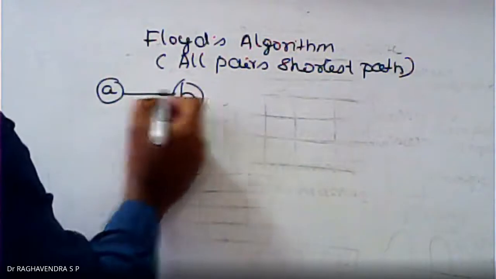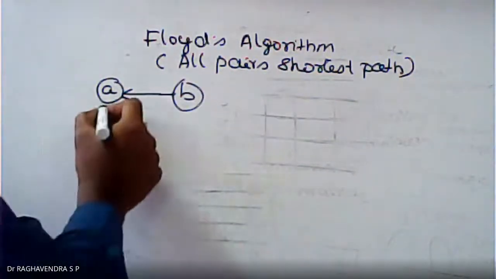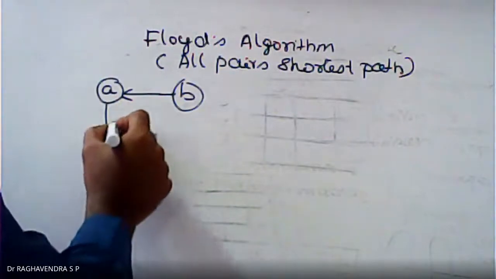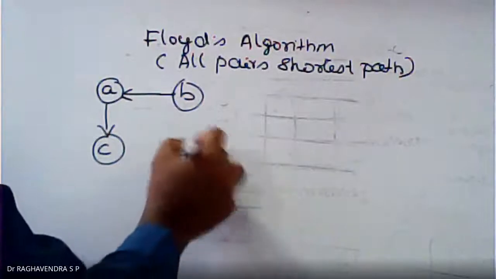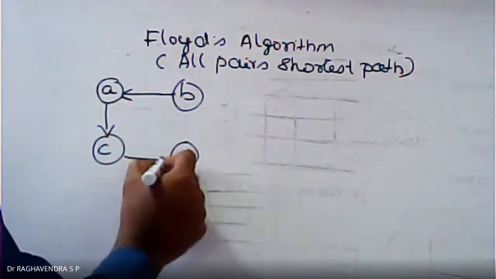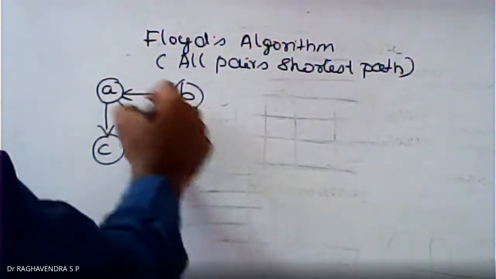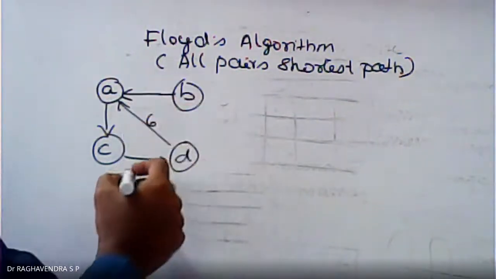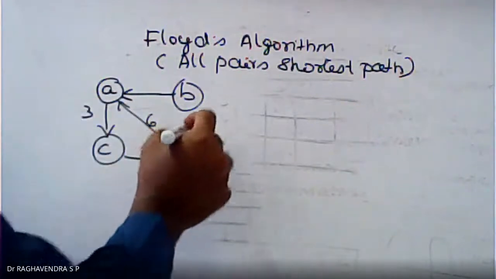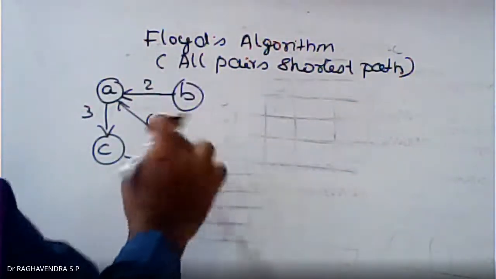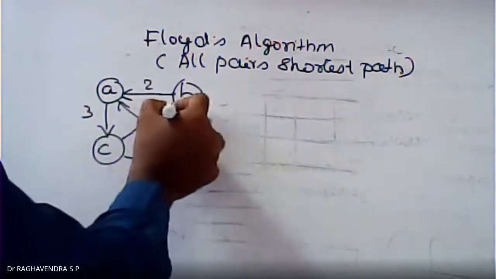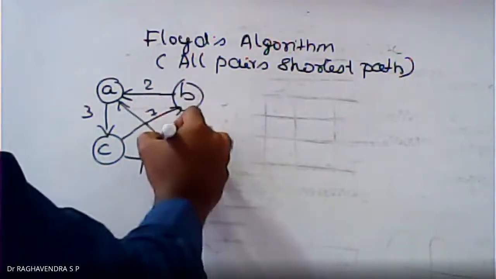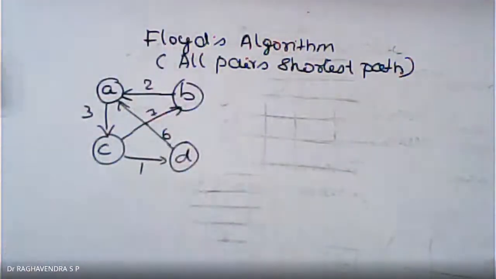Another example is also there in your textbook, in your notes. I have solved that, you can use that one also. I am using a different one here. So this is the graph. This is a weighted graph, you know.